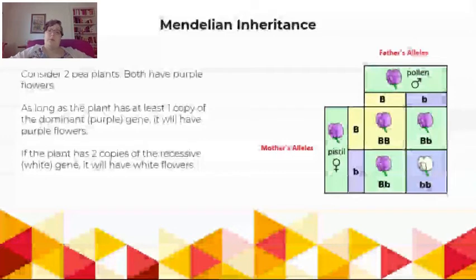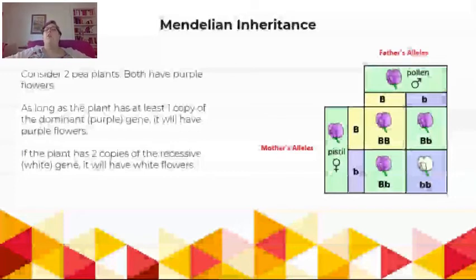So Mendel's experiments involved breeding pure strains of plants, where if you got seed from the plant, those seeds would produce purple flowered plants every time. And plants where if you got seeds from a white flowered plant, they would produce white flowers every time.